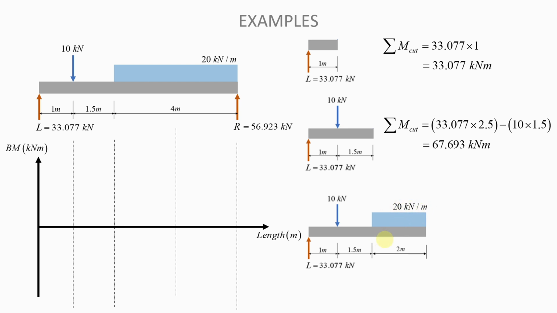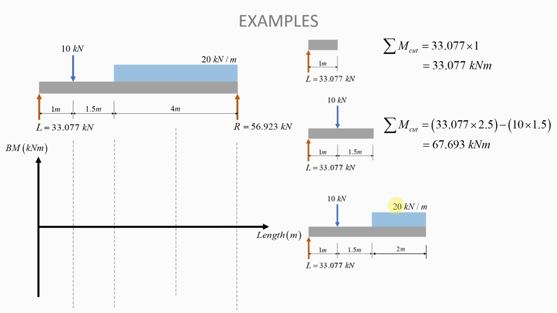However, it is now acting just over 2 meters, not over the full 4 meters, but over 2 meters. But the magnitude of this distributed load, although we've cut through it, is still 20 kilonewton per meter. And so in order for us to be able to find the sum of moments at the cut, we need to replace this distributed load by a force that is equivalent to it.